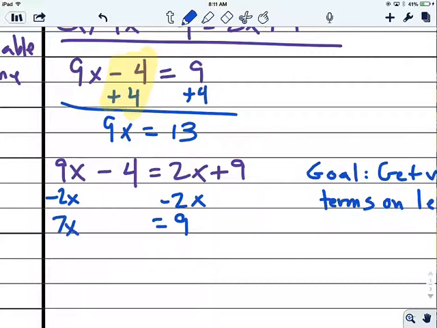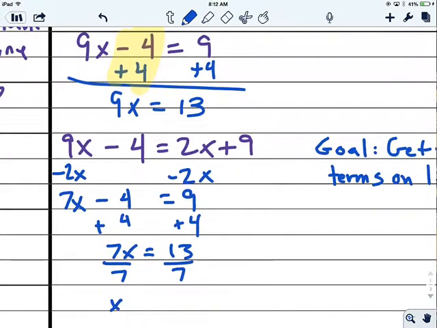I'll end up with 7x minus 4 equals 9. And so I'll add 4 to both sides, and then 7x is equal to 13. I'll divide by 7, and so now I have x is equal to 13/7, which you should just type in like that when you're using Khan Academy. So there's really nothing tricky here. It's just the same kind of business you've always been doing, only now we're moving variable terms around.